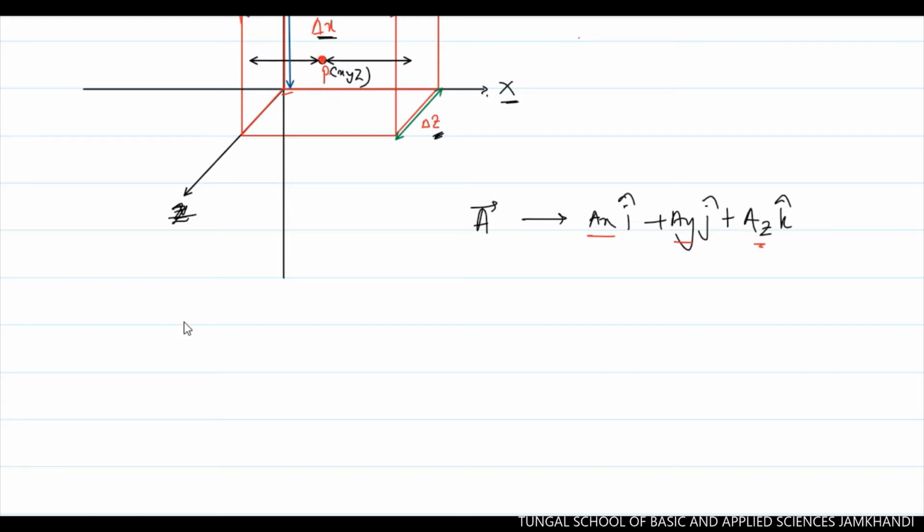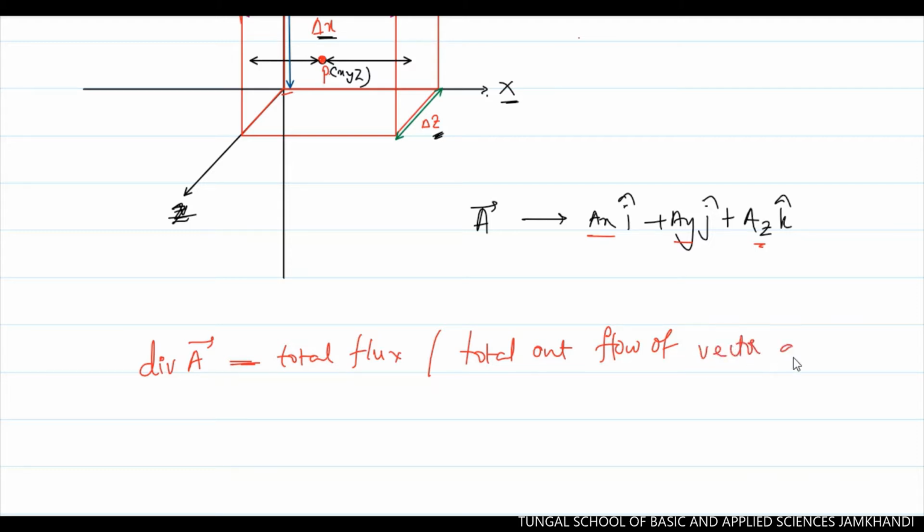The value of the divergence of vector A, as we defined in the last class, is equal to the total flux, or total outward flow, or total outflow of a vector quantity or physical quantity over a particular surface area.